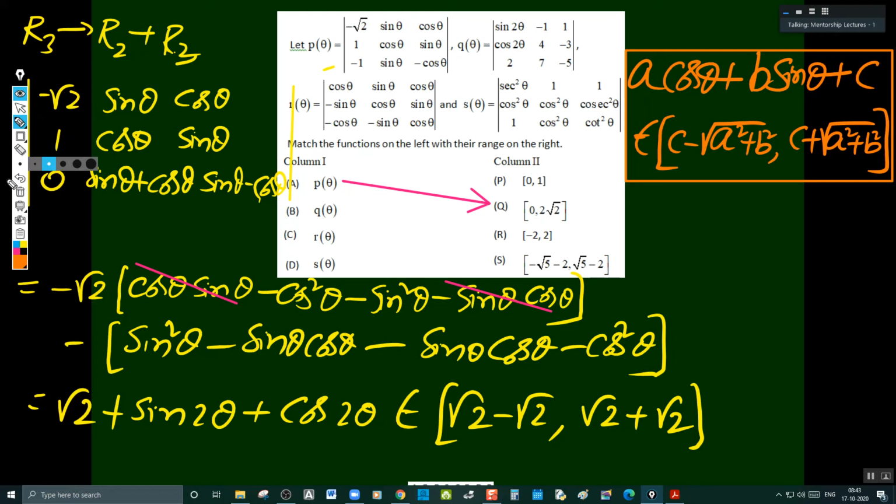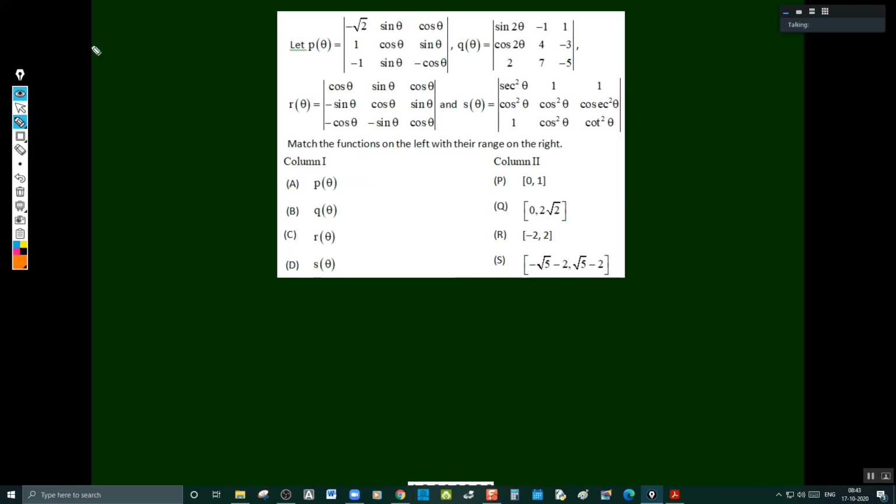I'm erasing this. So for R of theta, R1 plus R3.